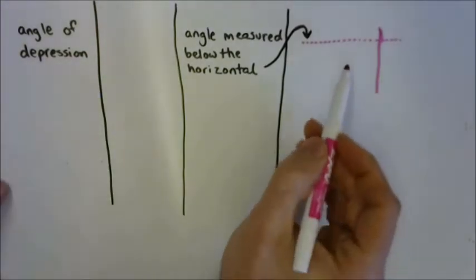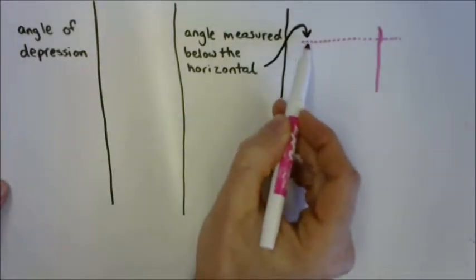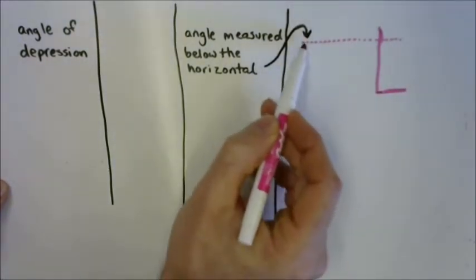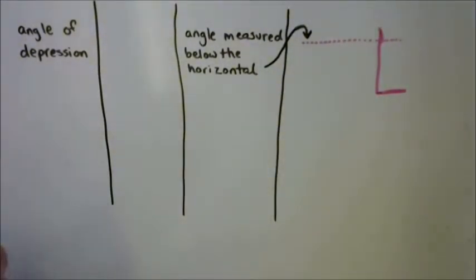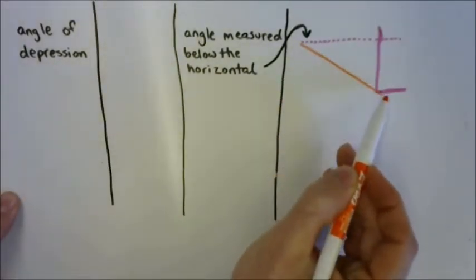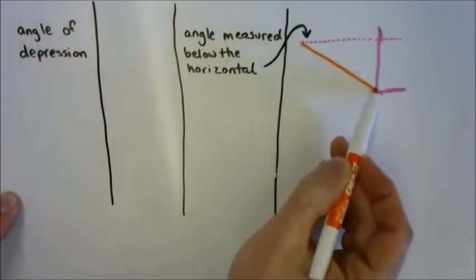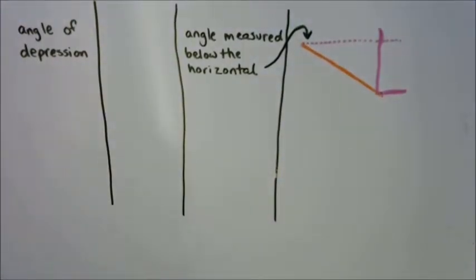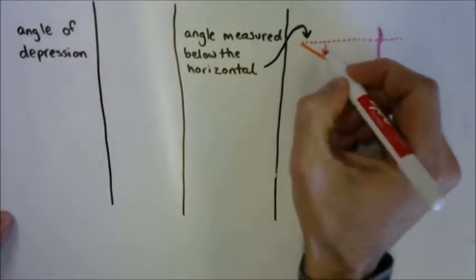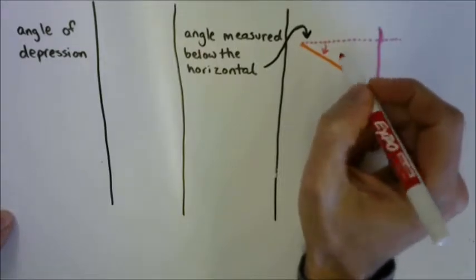Now, we're going to draw another line that meets the bottom of our building, the bottom of our vertical line, with another perfect line. So we've kind of made a bit of a triangle here. We have a horizontal, we have a vertical, and we've created an angle of depression.